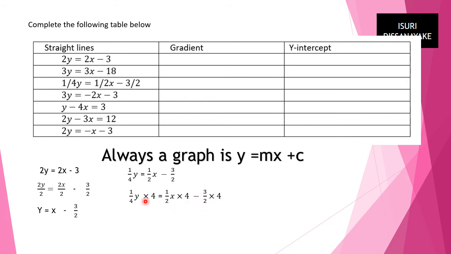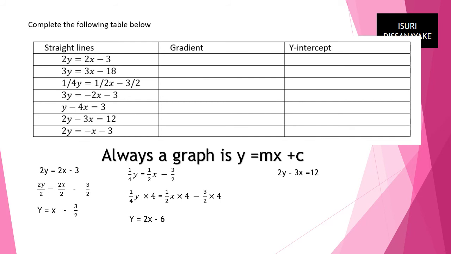The whole purpose of multiplying all these terms by 4 is to cancel the denominators. So the denominators will cancel off, and the equation is easy to simplify. So that is y equals 2x minus 6.